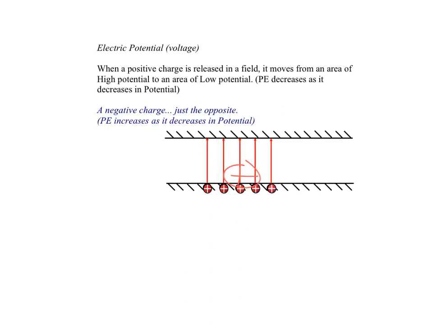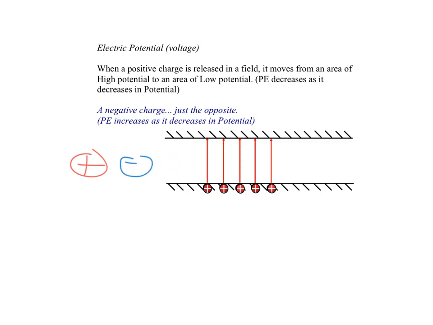And if we think about it in terms of the previous example, we took a negative charge, and if we let it go, it's going to move from 0 to 100 volts, from a lower to a higher potential. The negative charge is going to do the exact opposite of what a positive charge does. So further evidence that when we talk about a voltage, this is going to be at the higher potential than this.